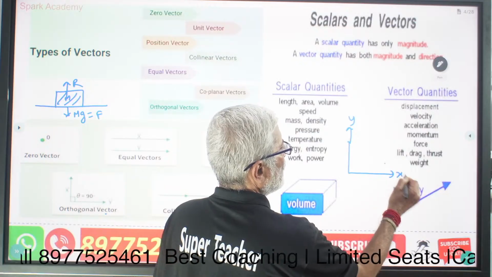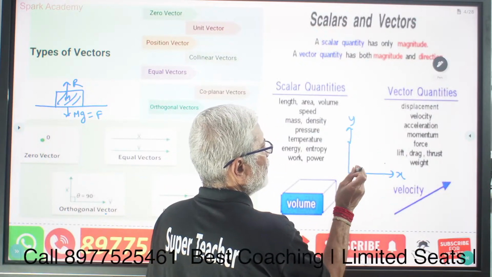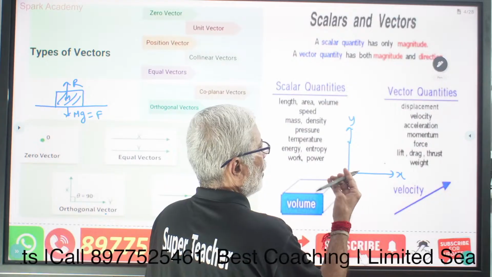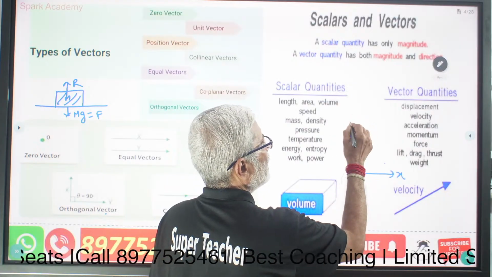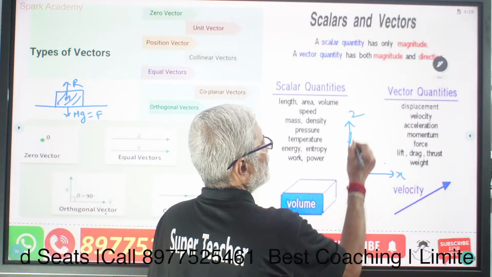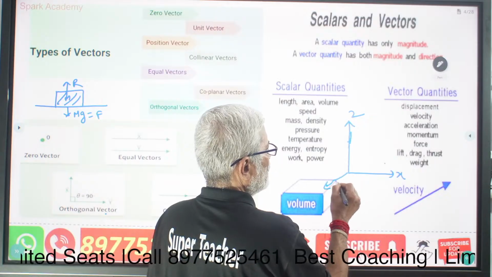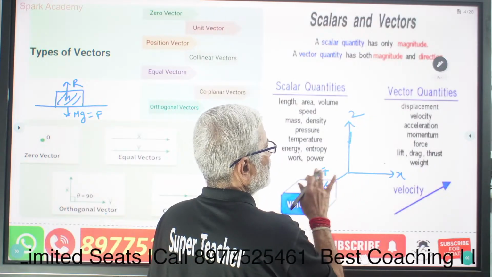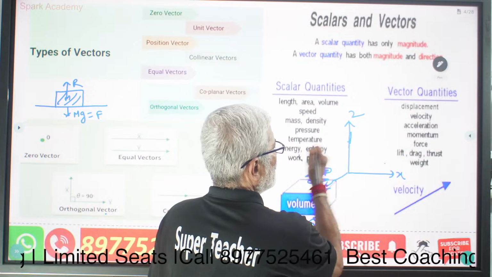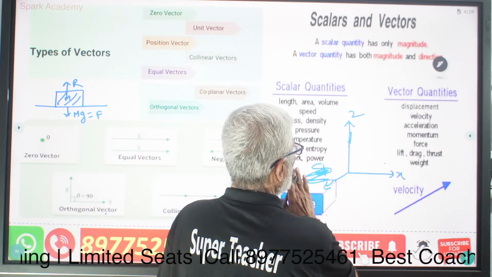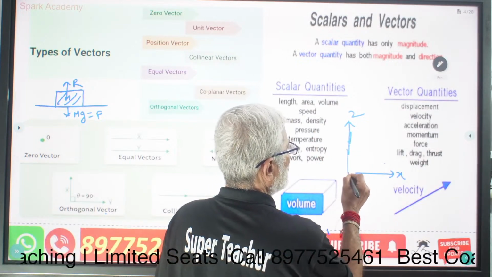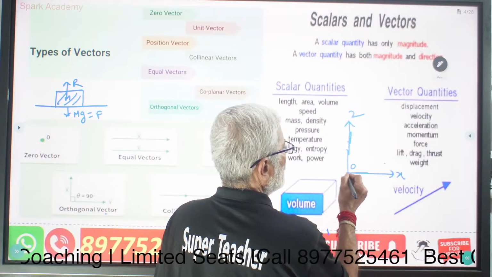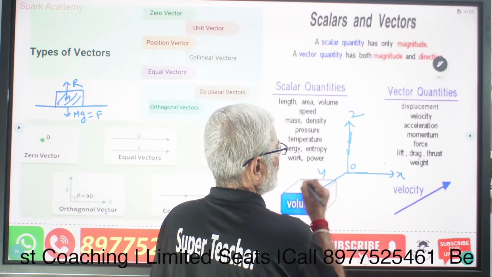This is x direction, y direction, z can be perpendicular to the board. This is origin, this direction is suppose y.